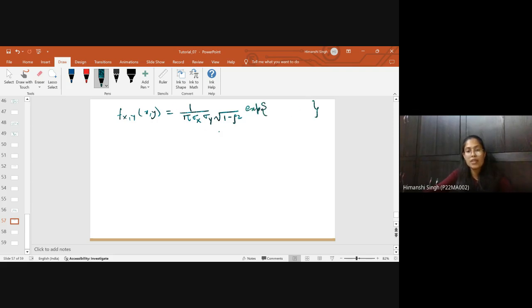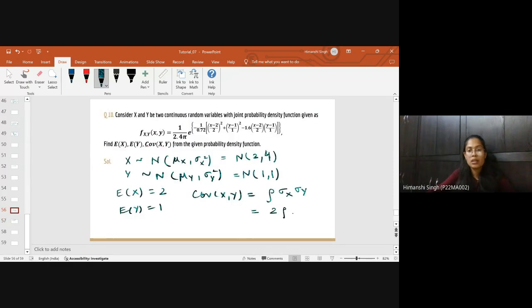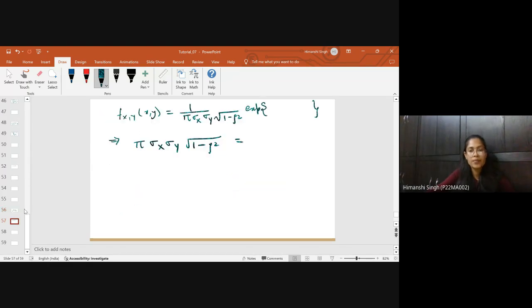So the coefficient equals this quantity, which implies that pi times sigma x times sigma y times root of 1 minus rho square is this 2.4 times pi. Sigma x, sigma y, this pi will get cancelled.